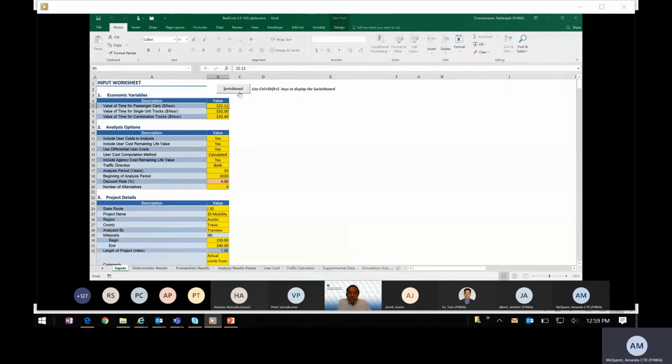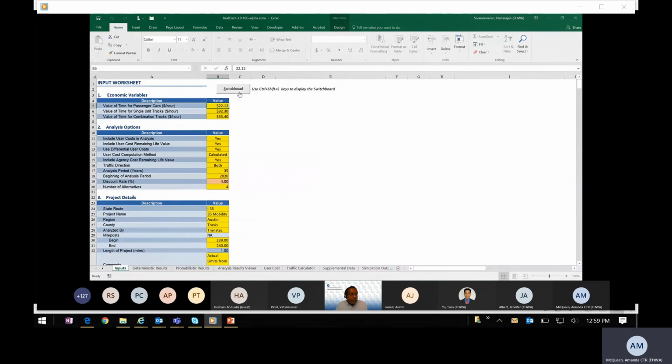So again, if you are doing probabilistic analysis in LCCA for pavement design or anything, it's not really the individual alternative's life cycle cost that is of interest. What is of interest is the difference in life cycle cost between the two alternatives, because that's what you use to determine the most preferred alternative.